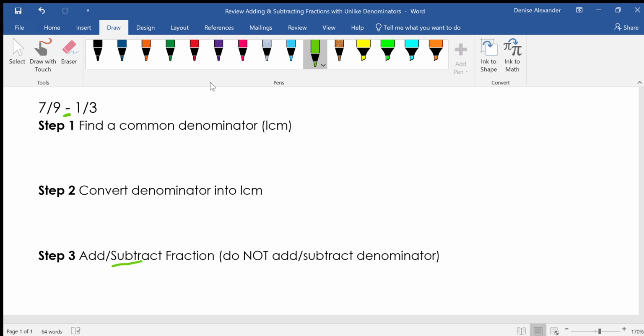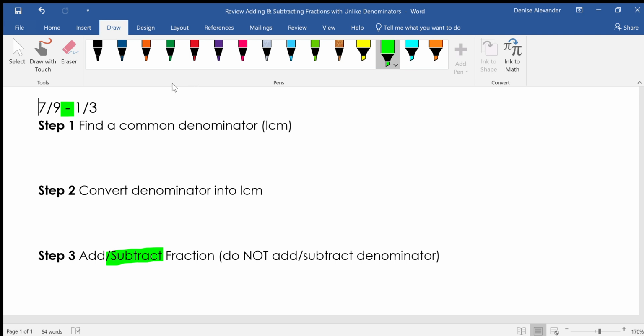So I'm going to just quick underline subtract so it reminds me what I'm doing. And actually, I'm going to quick highlight it. It might be quicker. This is going to remind me that I'm subtracting and not adding.